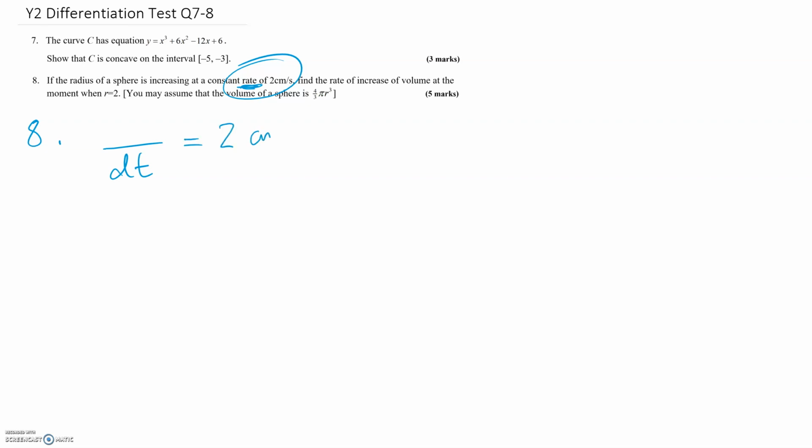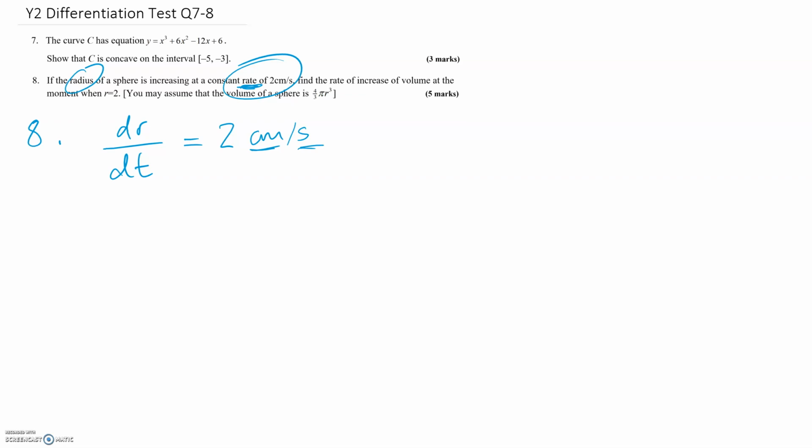The units are centimeters per second, and it's going to be radius, so it's dr by dt. If you weren't sure, just check the units. The units are centimeters, so it's not going to be volume. It's got to be a unit of distance.